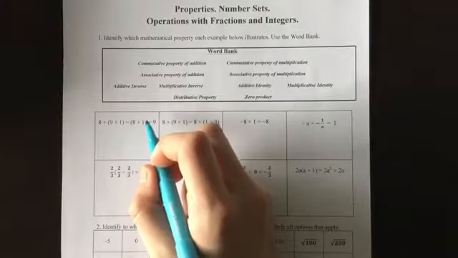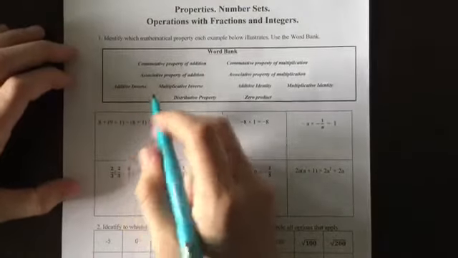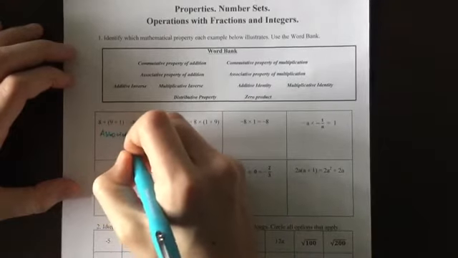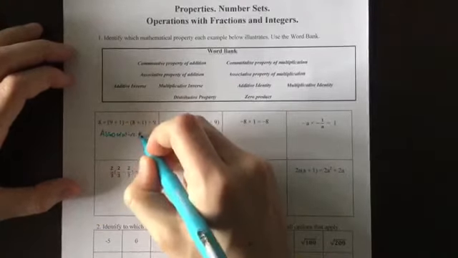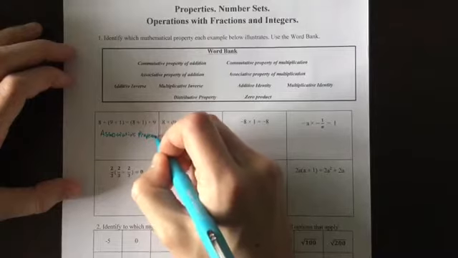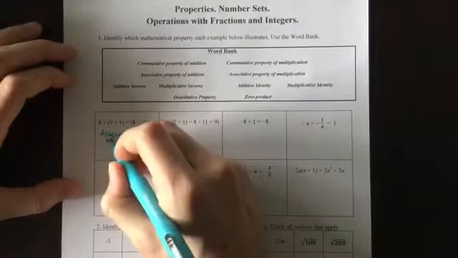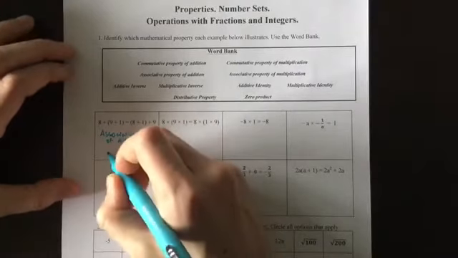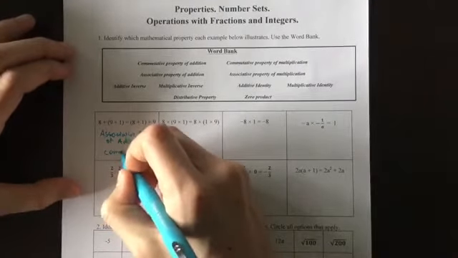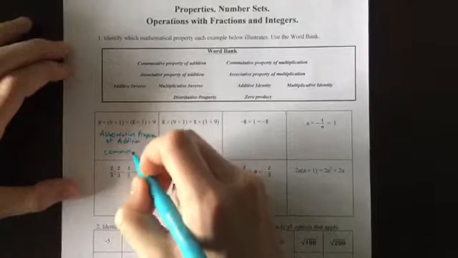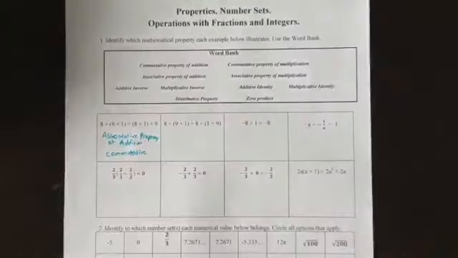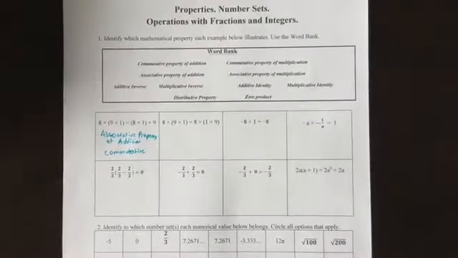We also see a change in order, but I think of this one as the associative property of addition. We also see sort of that secondary property of our commutative property where we see a change in order. So really we have two going there.